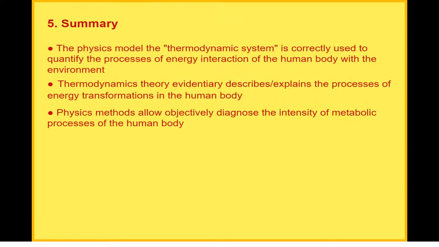And finally, summary. The physics model, the thermodynamic system, is correctly used to quantify the processes of energy interaction of the human body with the environment. Thermodynamics theory evidently describes and explains the processes of the energy transformations in the human body. The second thermodynamic law states that energy obtained from the food partly is lost.